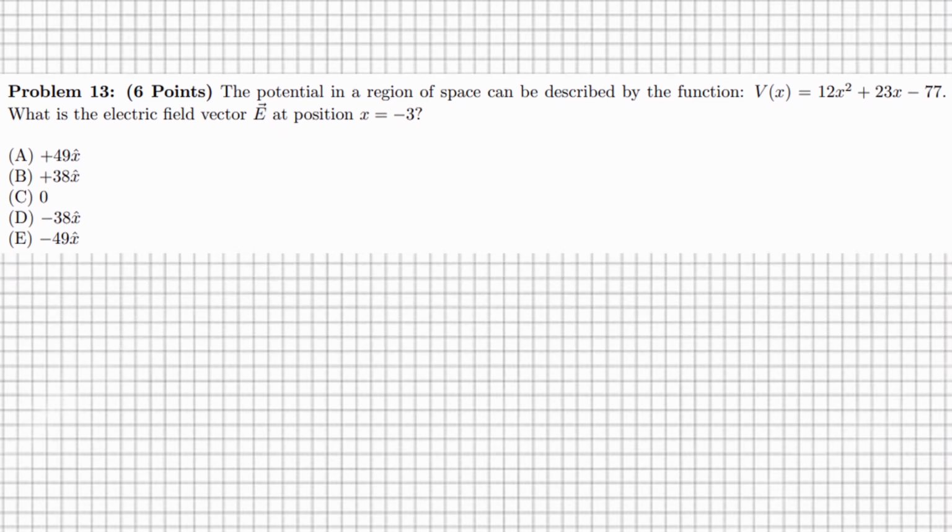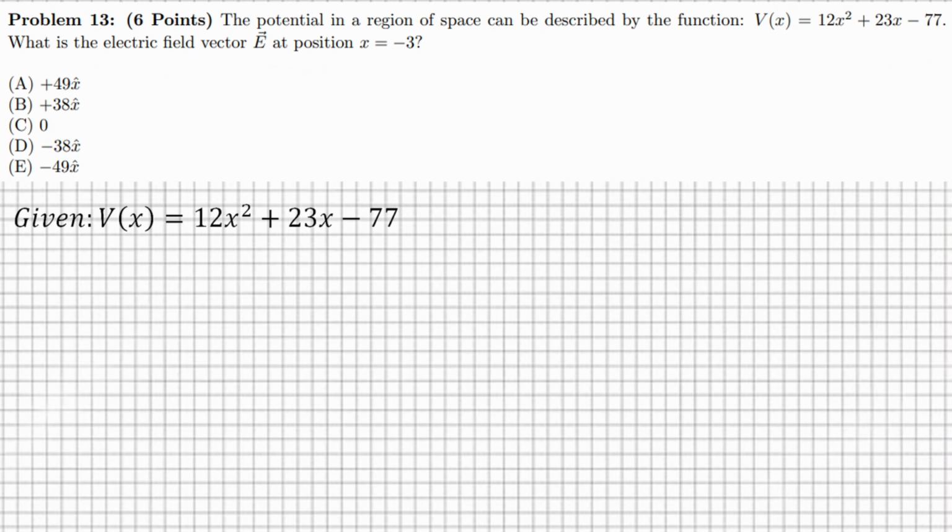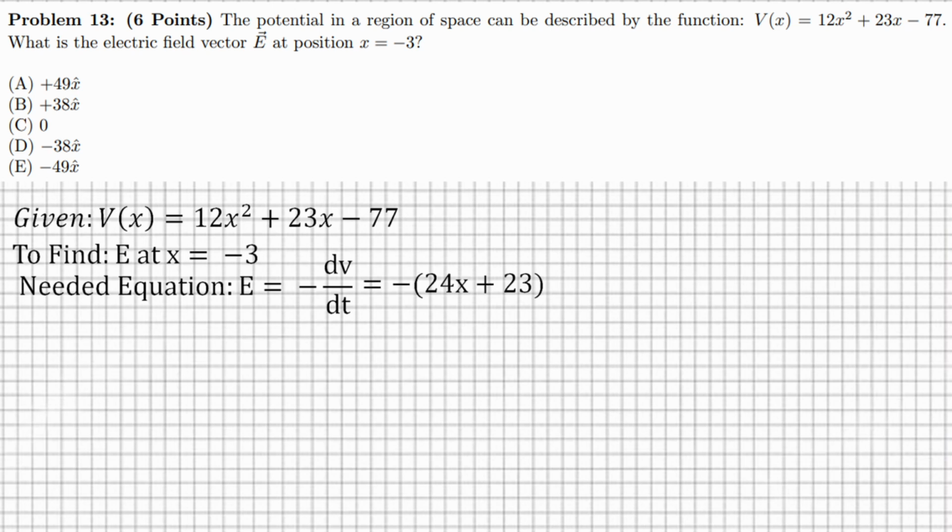Reading this question, we are given the potential equation V of x equals 12x squared plus 23x minus 77. We are required to find the electric field E at x equals negative 3. The needed equation for this question: E equals negative derivative of the potential, which is equal to minus 24x plus 23.